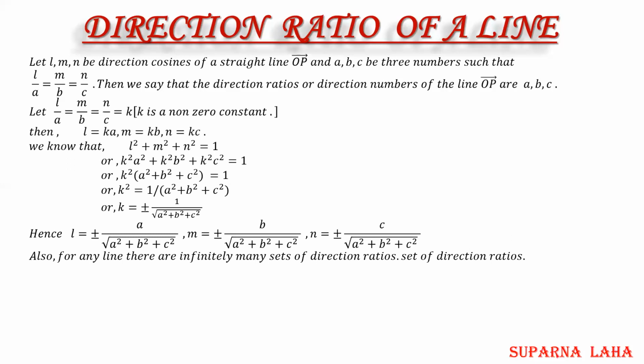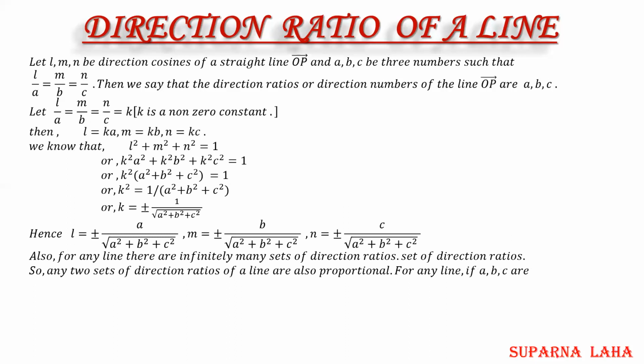For any line, there are infinitely many sets of direction ratios. We can choose this a, b, c as per our preference. So two sets of direction ratios of a line are also proportional. Right?